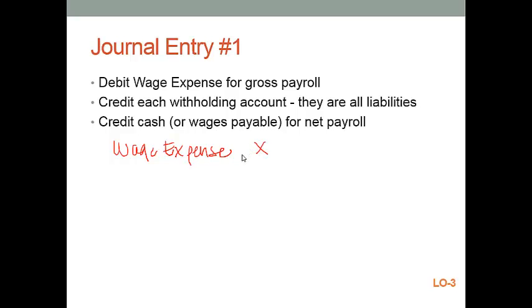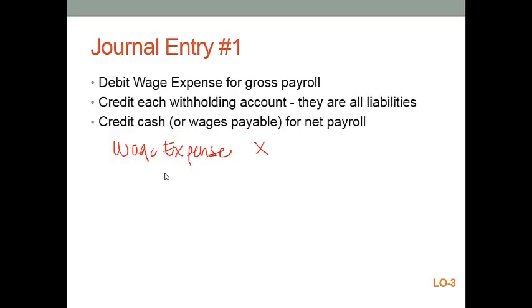Sometimes a company has many different wage or salary expense accounts, maybe by department, like the sales department wage expense and the accounting department wage expense. In that case, you would have more than one debit, but the debits are always to some type of wage expense or salary expense accounts.